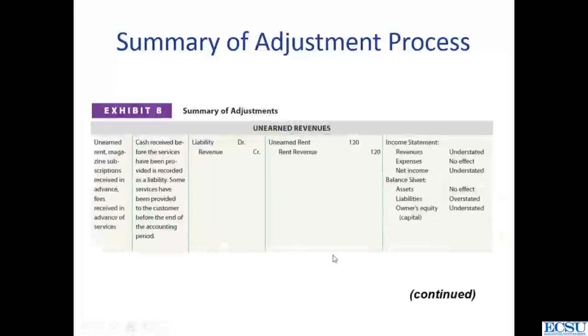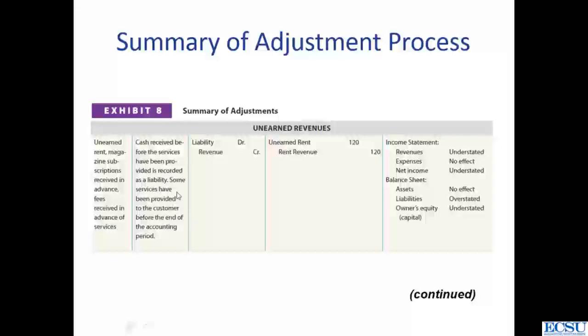Next adjustment we learned was the unearned revenues. Unearned revenues like magazine subscriptions received in advance, fees received in advance of services, or anything that has not been earned. When the cash is received before the services have been provided, it is recorded as a liability. And I had explained to you why we do that: if you don't provide that service, you will have to return that money.